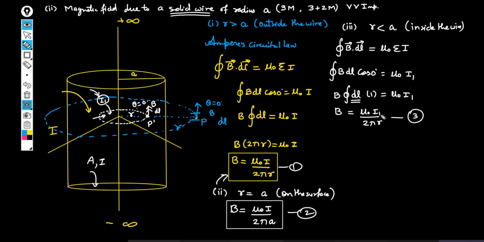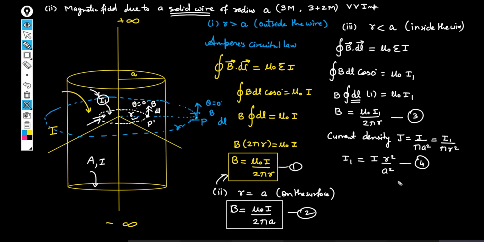Now over here I1 is unknown to us, and to calculate I1 we will use the concept of current density, which we have studied in current electricity. So current density will be I upon pi a square for the complete wire. Now for this Amperian path of radius small r inside the wire, we will say it is I1 upon pi r square. Now pi cancels. So I1 we are getting as I r square upon a square.